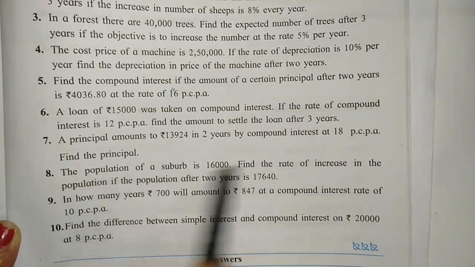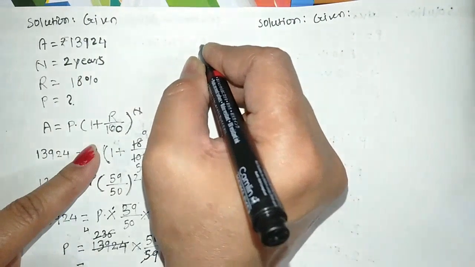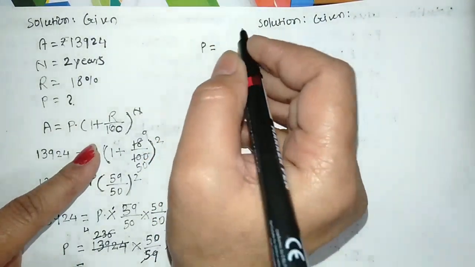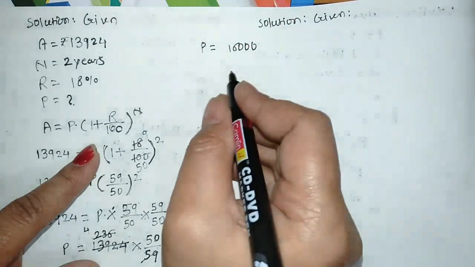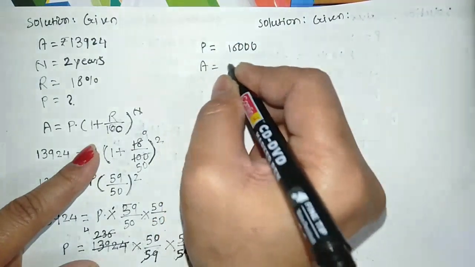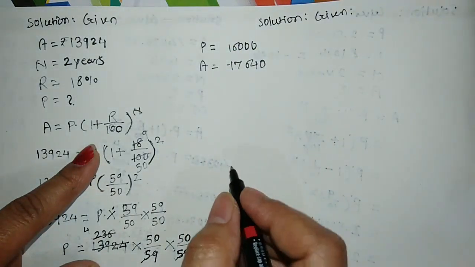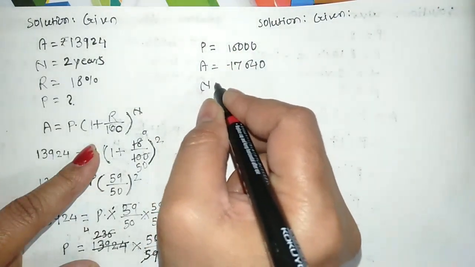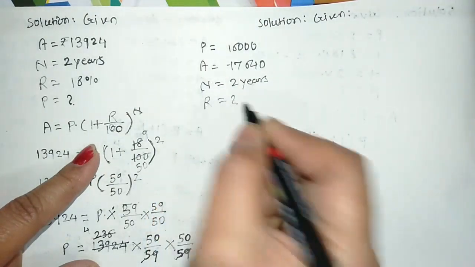Calculate the rate. So firstly write down the given things. P is equal to 16,000. A is equal to 17,640. N is equal to 2 years. R equal to question mark.